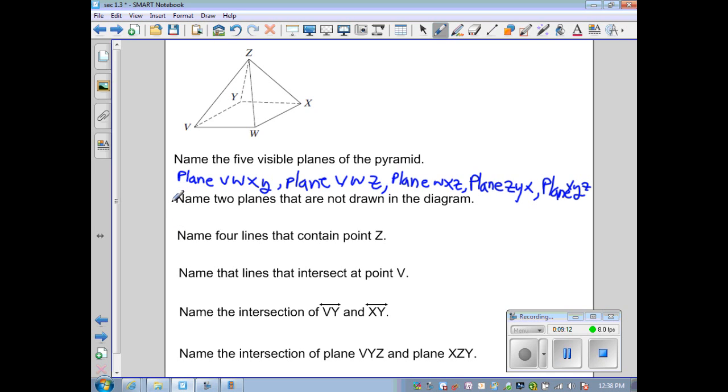Next, name 2 planes that are not drawn in the diagram.